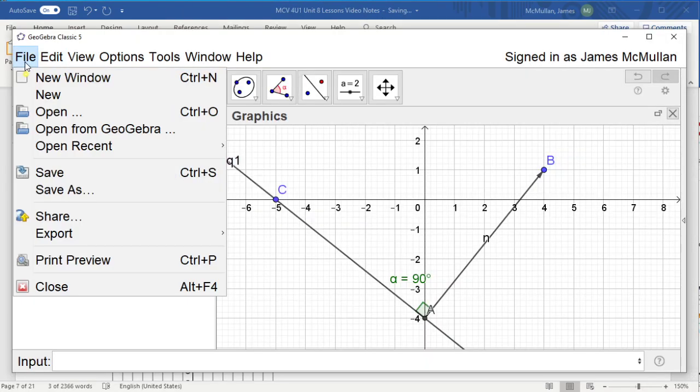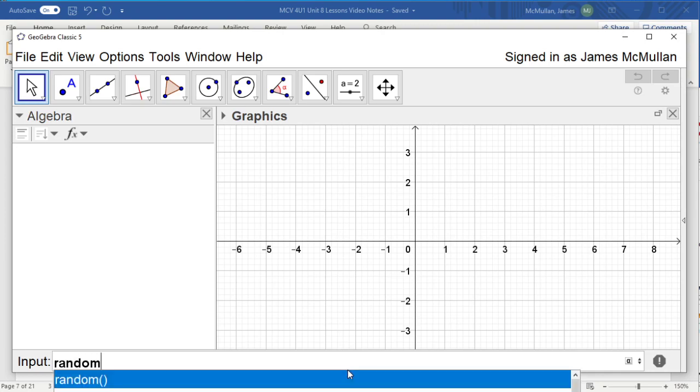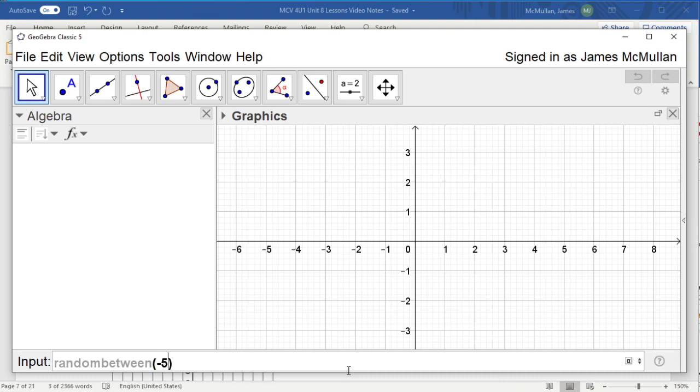Let's attempt to show this again. Let's make random values between, I don't know, negative 5 and 5. We'll make that A. We'll make B the same thing, and C can just be the same.